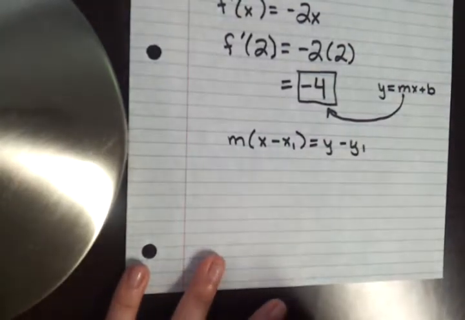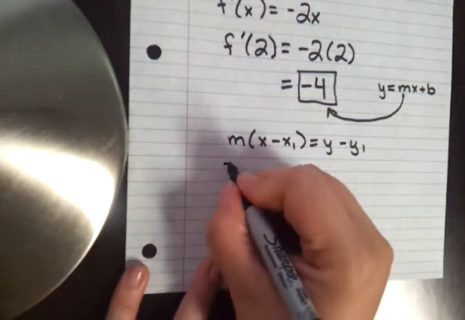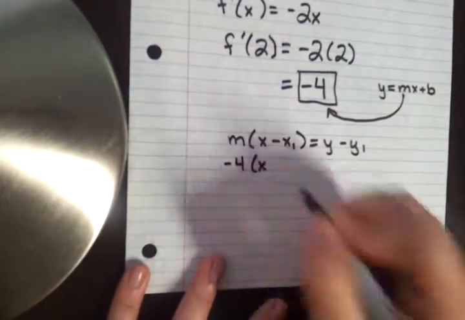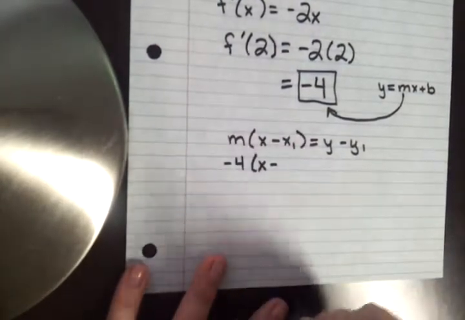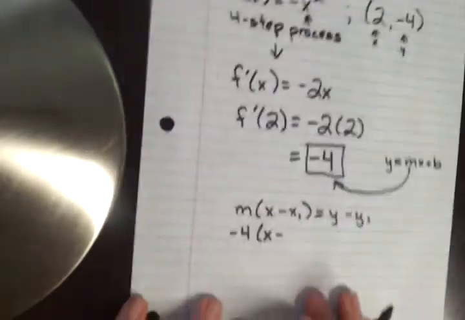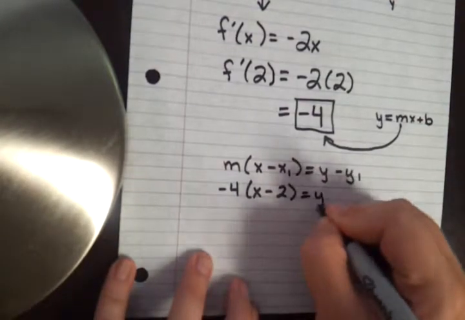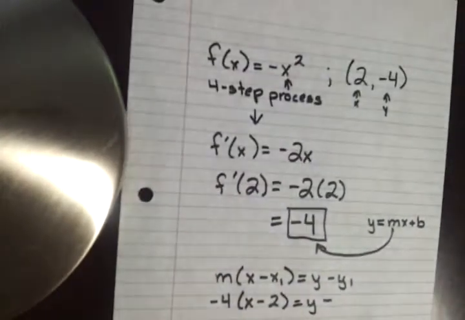So we just need to know what to fill in the blanks. M here we said was negative 4, so that's a good start. That x kind of stays the same no matter what. Minus x1, well the x1 they gave us was 2. So we'll plug in the 2 there. And that equals y minus y1. Well, that was a negative 4.